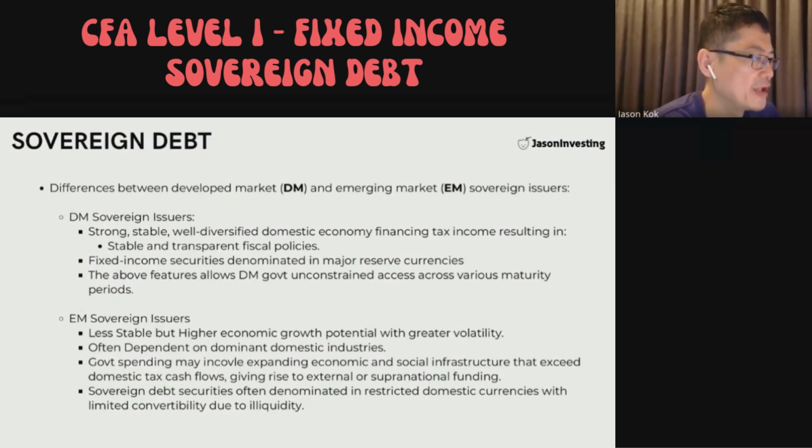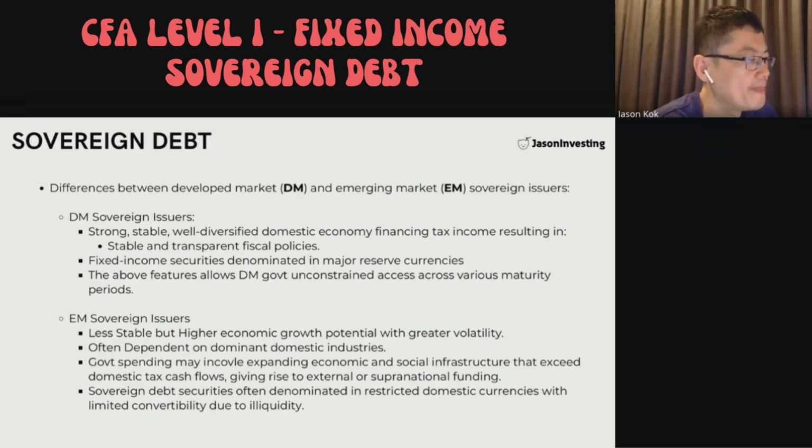These fixed income securities are mainly denominated in major world reserve currencies, such as the US dollar and the euro. Because of these positive features, developed market governments have unconstrained access across various maturity periods, which means they can easily borrow short-term, medium-term, or longer-term.